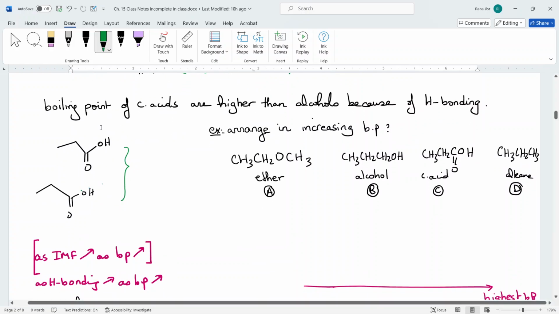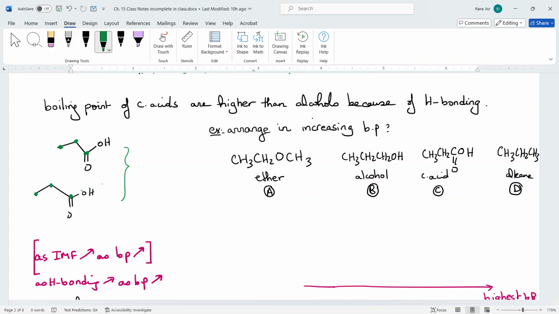Now, with respect to the hydrogen bonding for the boiling point, we're not working with solvents, so you have to put 2 molecules of the acid that you are working with under each other. First, make sure that they are no more than 5 carbons. Here I have 3 carbons, so I am fine. We check the hydrogen bonding. Let's see how many different hydrogen bonding interactions we have.